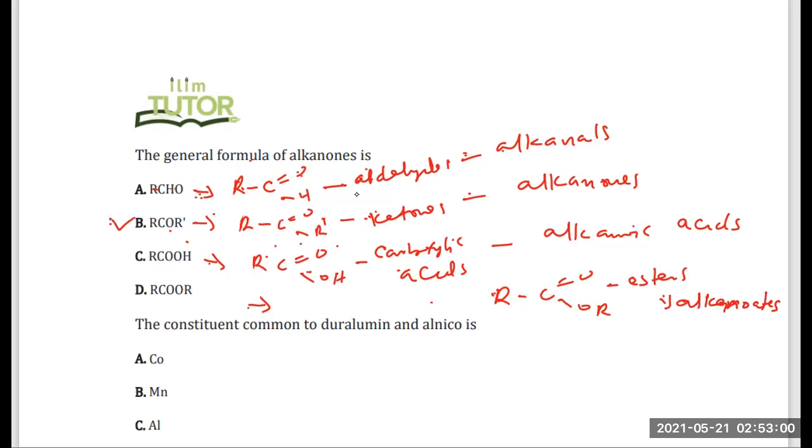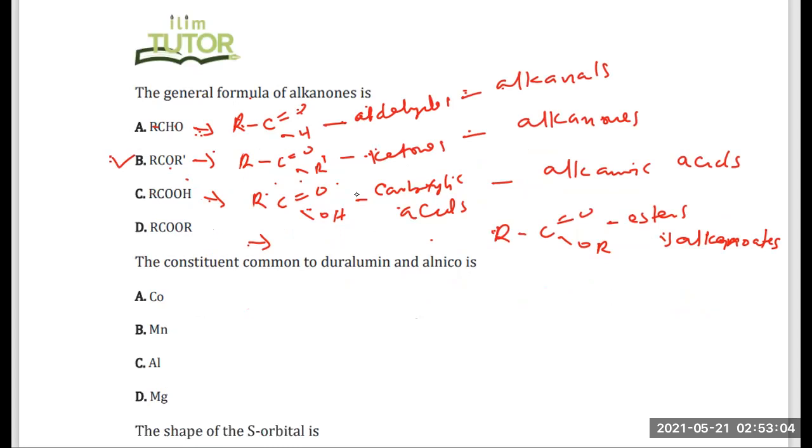The second question is talking about the constituent common to duralumin and alnico. So let's look at the names duralumin and alnico. I can pick this one first. When I say alnico, that is basically aluminium, nickel, and of course, copper.